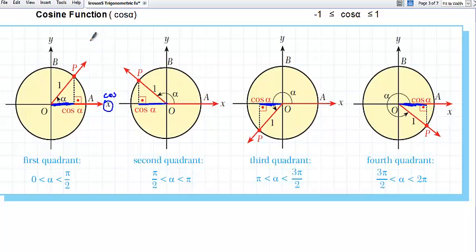So in the first quadrant, cosine alpha is greater than 0. In the second quadrant, I'm sorry, it is smaller than 0. In the third quadrant, cosine alpha is greater than 0.